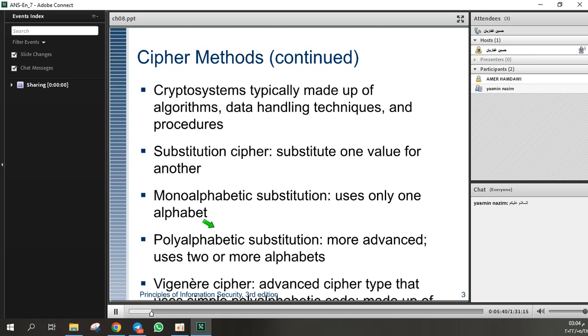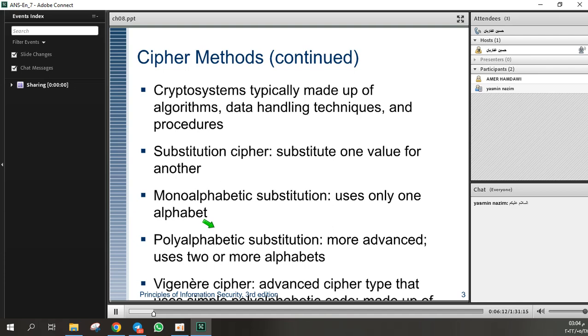In this case, in polyalphabetic, I have, for example, 3 or 4 or more than one pattern for replacing. It means that at time t, for example, I'm using one substitution pattern. At time t plus 1, I'm using another alphabetic substitution pattern.